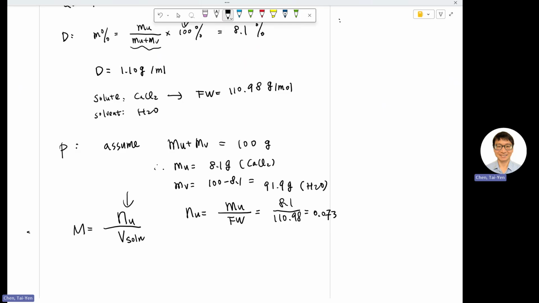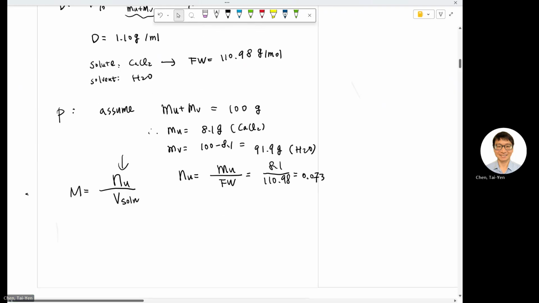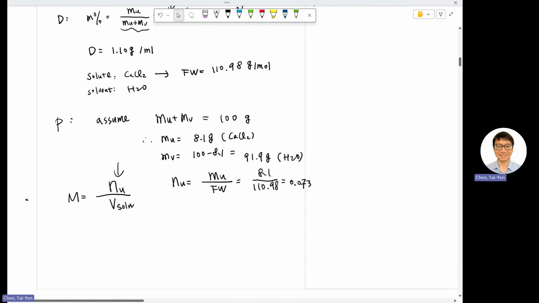The next step you need to solve is your volume, right? So here we're going to use the density. Density is defined as the mass of your solution over the volume of your solution. Therefore, to calculate the volume of your solution, you divide the mass of your solution by the density of the solution.